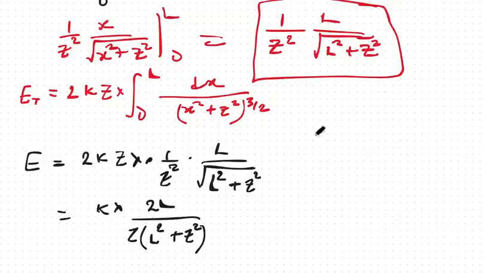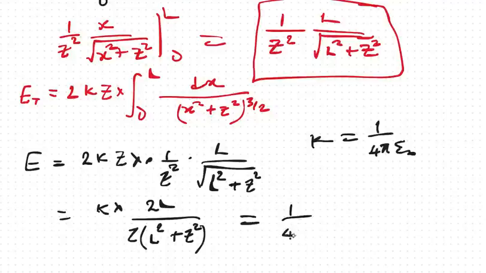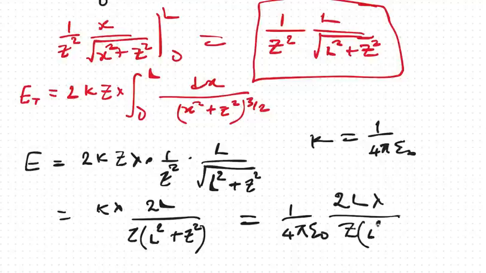although we can introduce k, because we know that k is equal to 1 divided by 4 pi epsilon naught. So if we introduce that, we can say that this is equal to 1 over 4 pi epsilon naught multiplied by 2L lambda divided by z times the square root of L squared plus z squared.